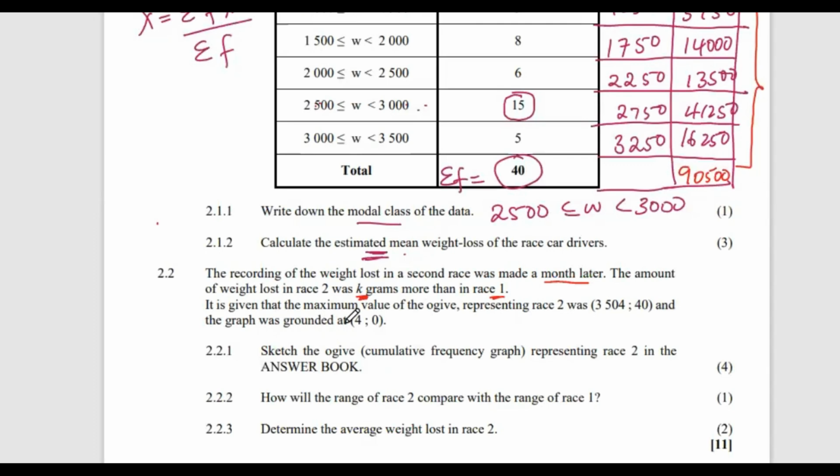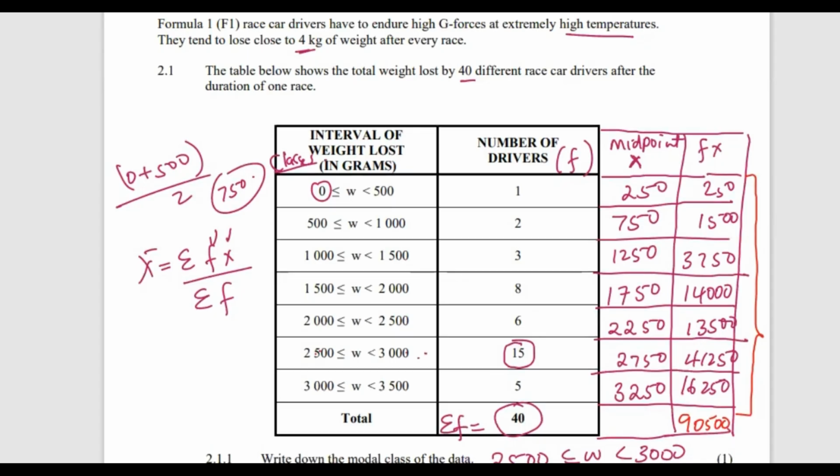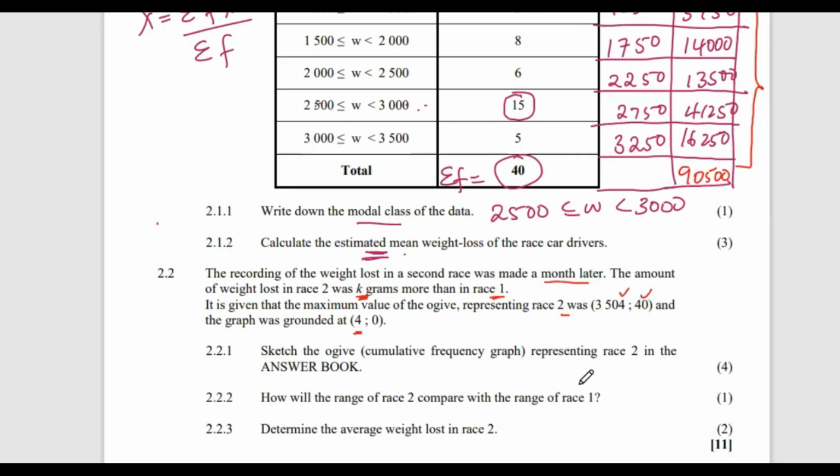It is given that the maximum value of the ogive representing race 2 was 3,504 and 40, and then the graph was grounded at 40. Then they want us to sketch the ogive, or the cumulative frequency curve, representing race 2 within the answer book. So this table is for which race? They don't tell us. Just looking at the second table.